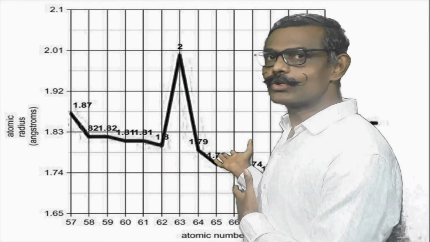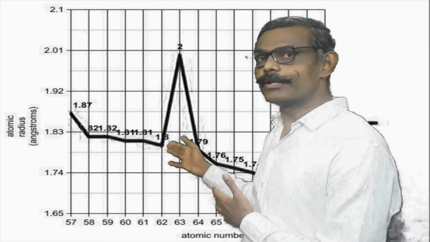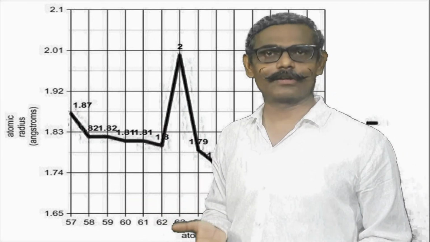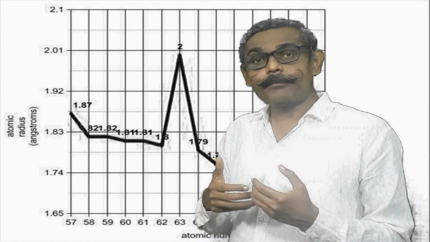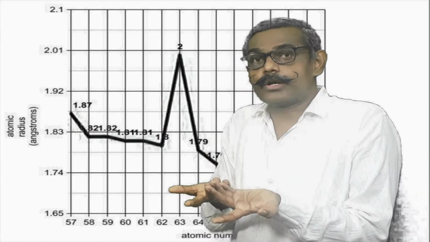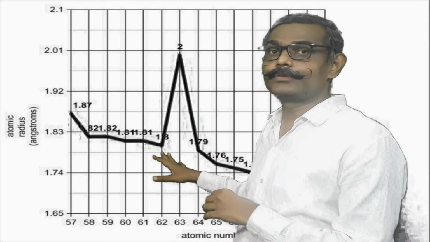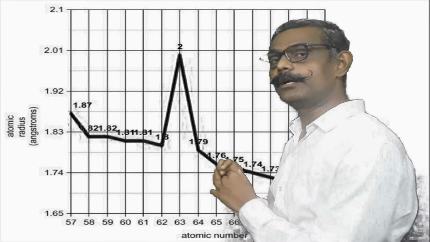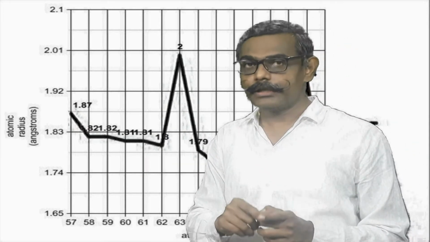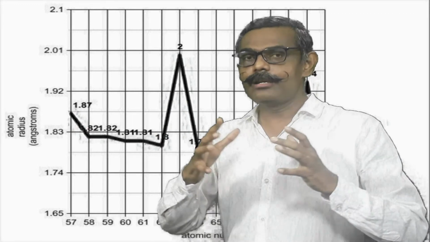Generally the oxidation state is shown as +3, and +2 is exceptionally shown by europium and ytterbium. That is also the reason for that. So the number of freely available electrons is less in europium and ytterbium, therefore their sizes are larger.